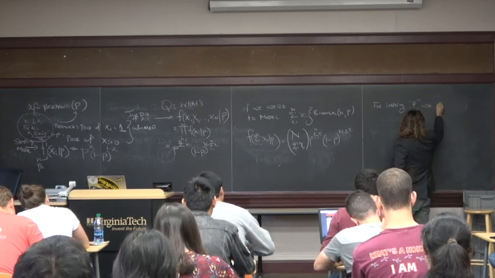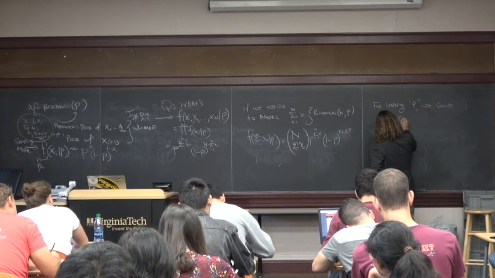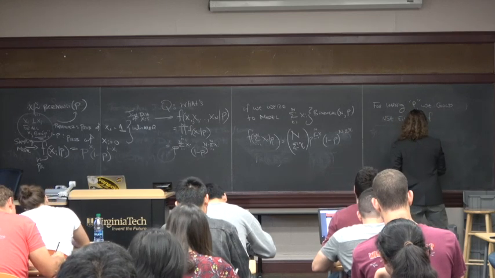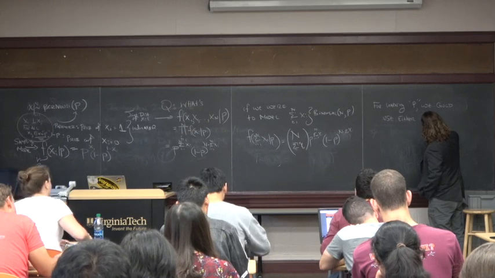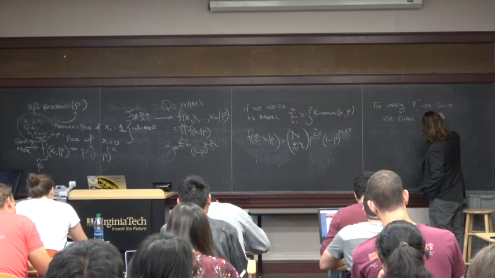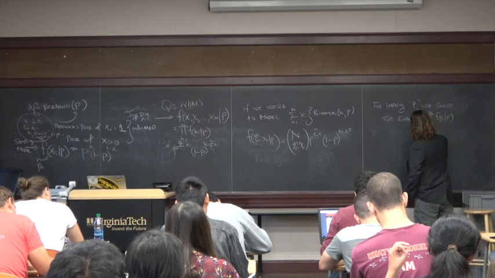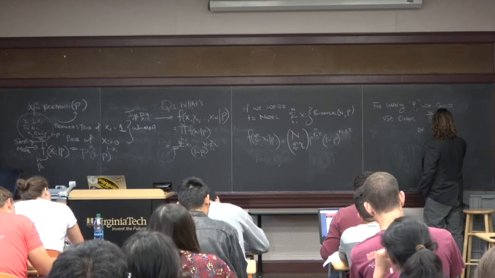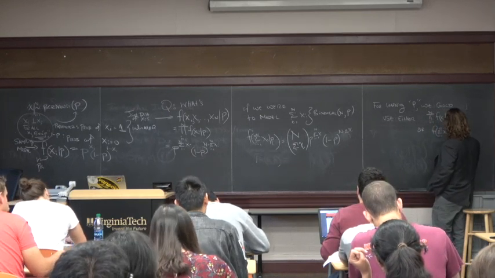We could either use the product, i goes from 1 to n, of f of xi given p, or I can look at f of the sum of the xi's given p.